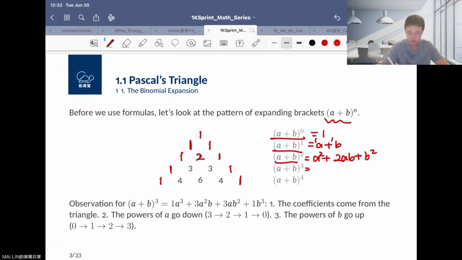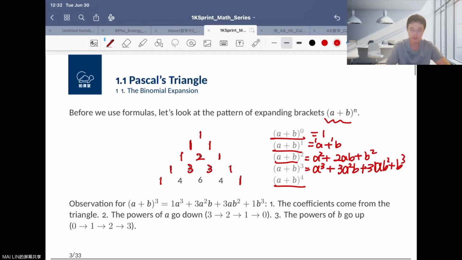And if you're trying to expand (a+b) to the power of 3, that is a cubed plus 3a squared b plus 3ab squared plus b cubed. The coefficients here are 1, 3, 3, 1, right? So here means 1331, okay.